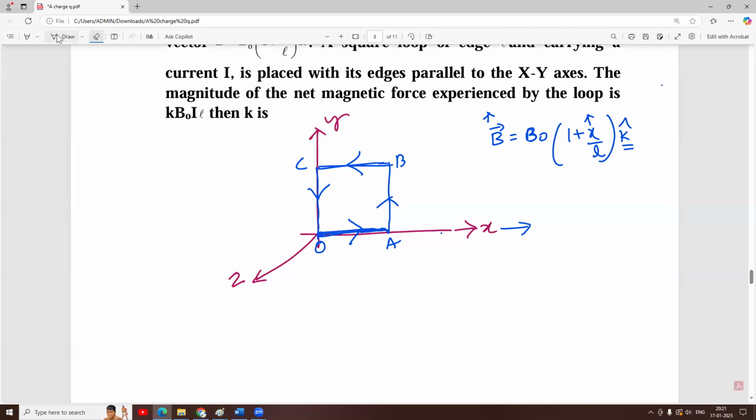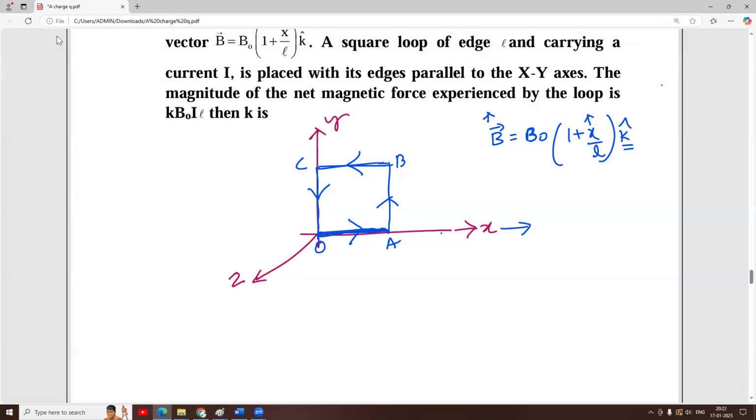Now if you observe the square loop, these two parts, OA and BC, will experience equal and opposite force. The reason is, even if the magnetic field is different, suppose you take this part of the wire OA, the magnetic field from here to here will change, and it will have some value of strength here. But here also, the same amount of magnetic field will be along that axis.